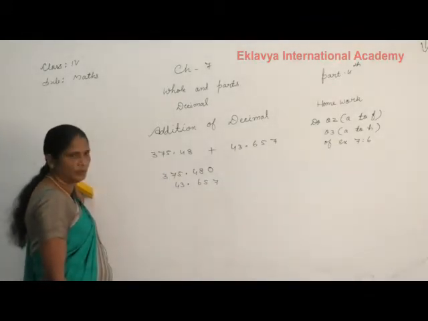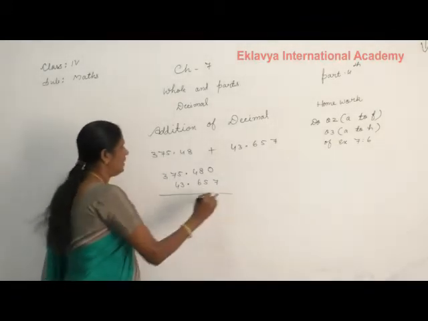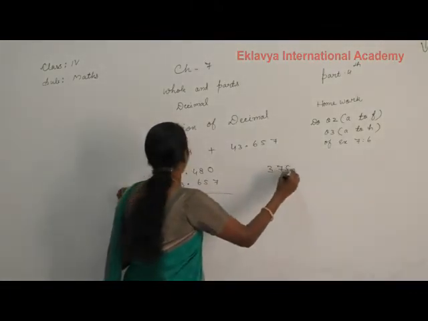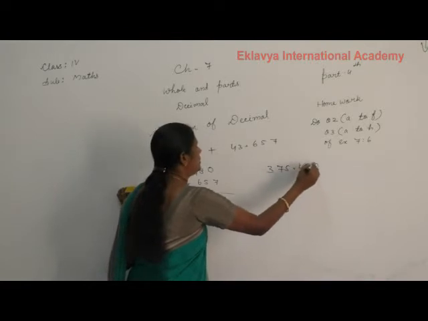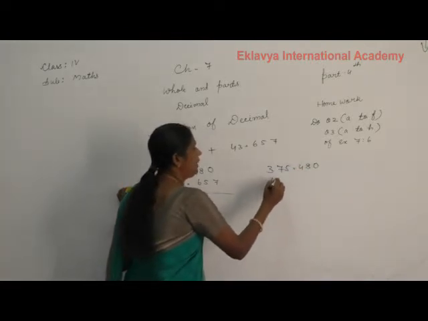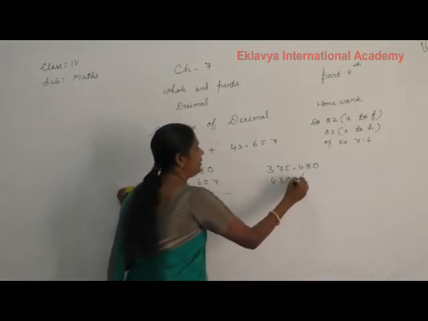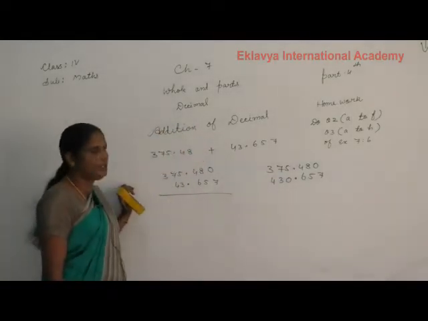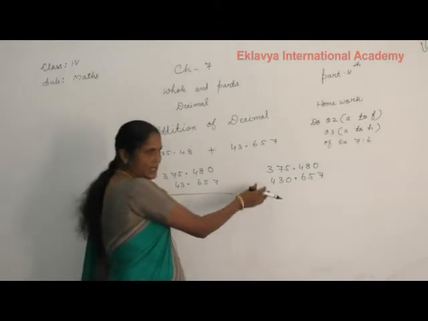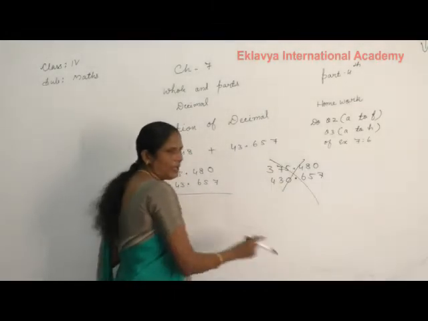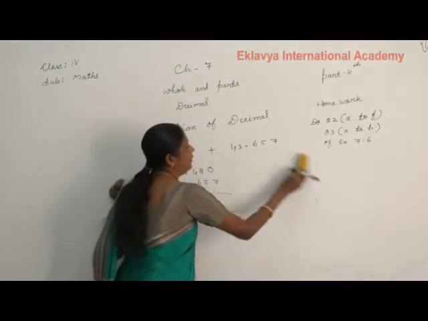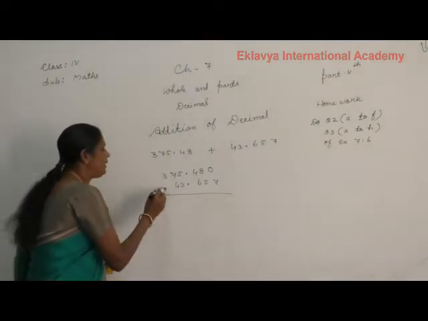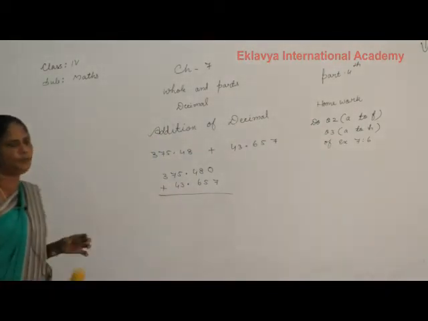Understand? Then here 375.980. Then 43, don't write it this way. You put a 0. This is wrong.